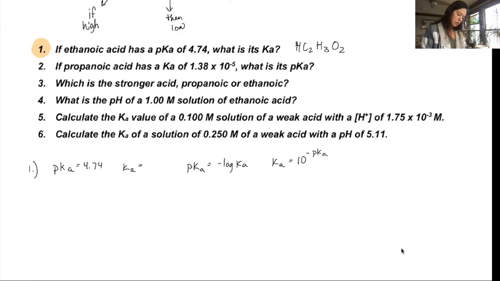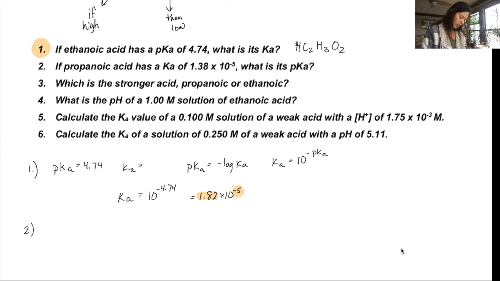All right. So that would be Ka equals 10 to the negative 4.74, 1.82 times 10 to the negative 5, right? Notice we could have predicted that. That's 5, that's greater than 1, so it's a little bit less than 5, and we have 4.74.